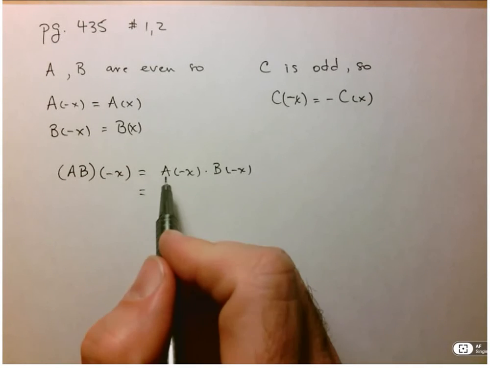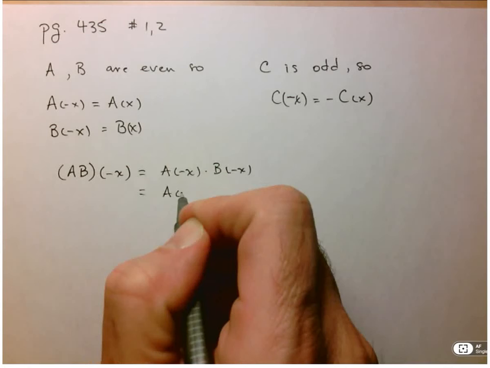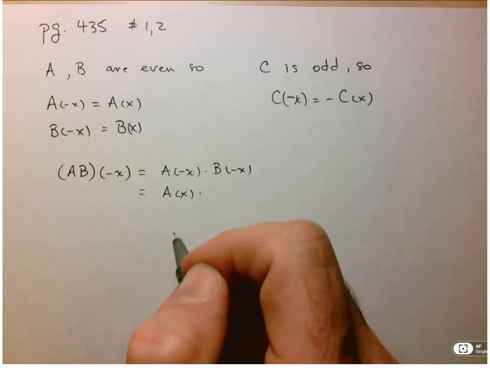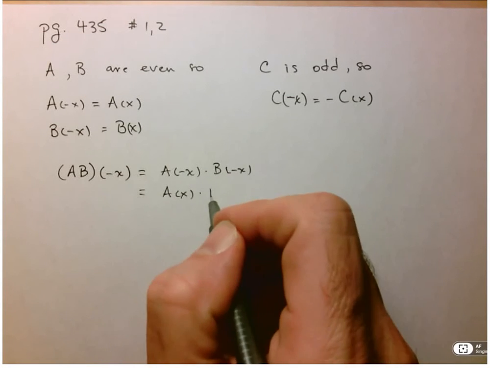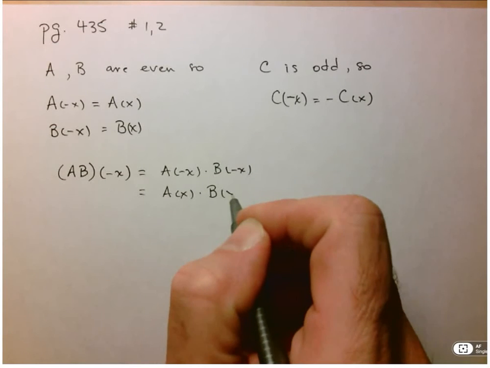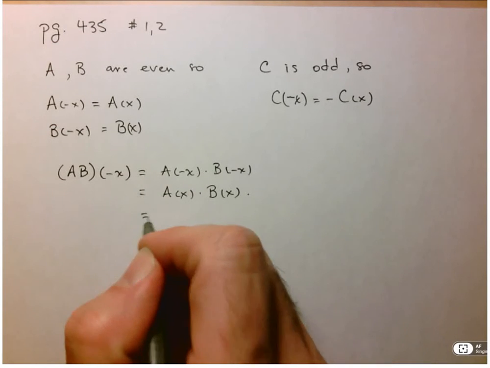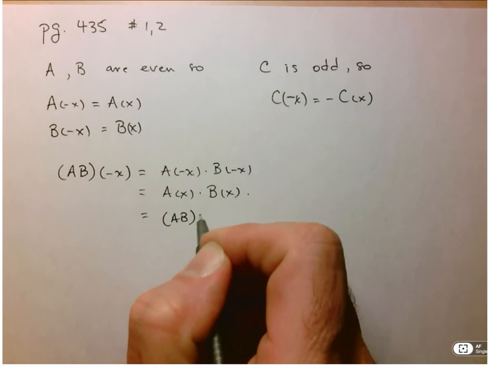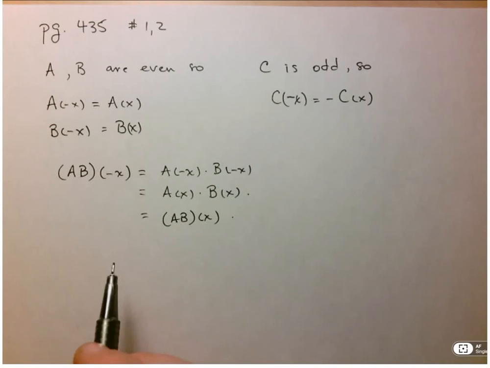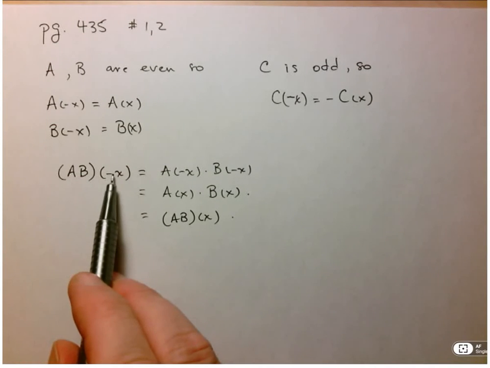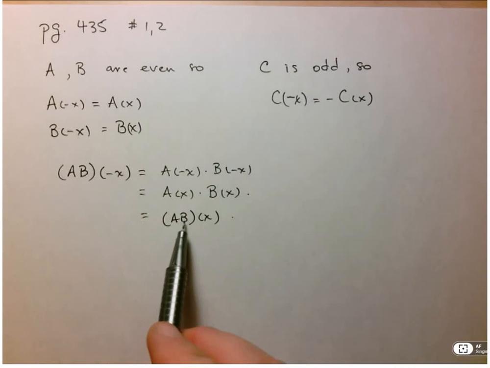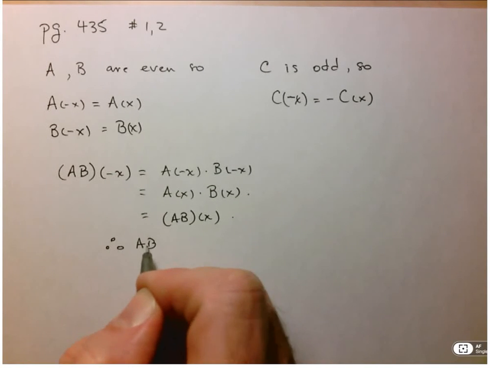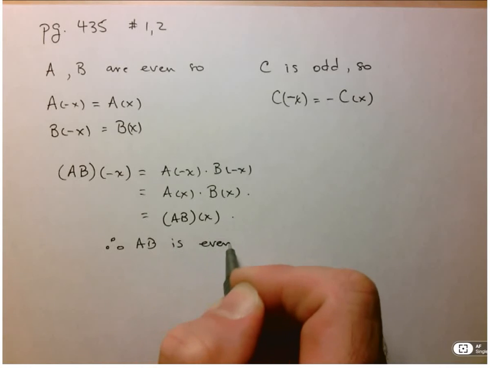Okay, and because A is even, I know this is equal to A at x, and B is also even, so this is also equal to B at x. And I can rewrite this product as AB evaluated at x. So what we've shown is AB at negative x is equal to AB at x. In other words, AB is even.